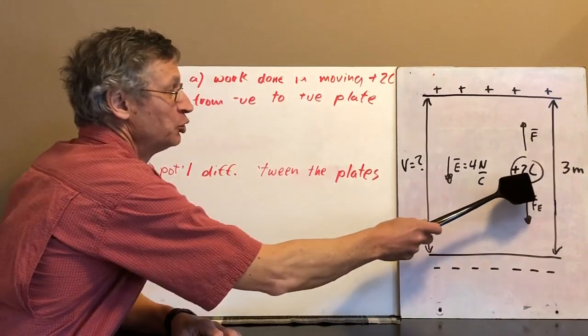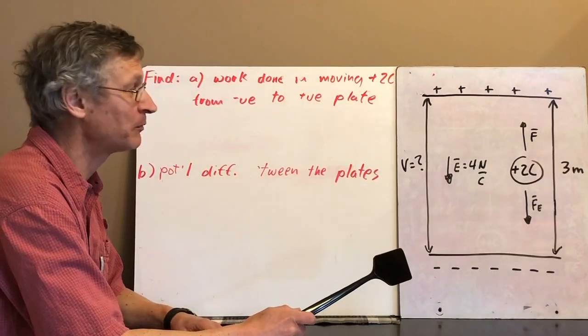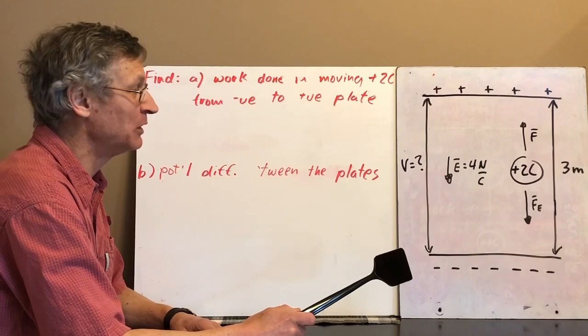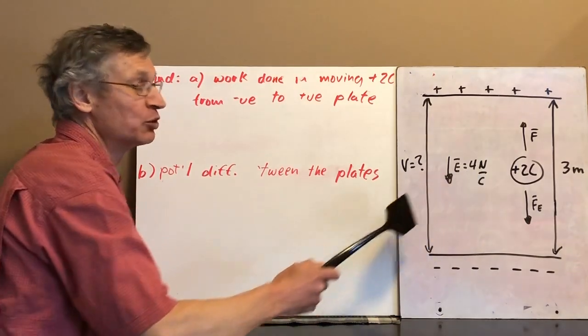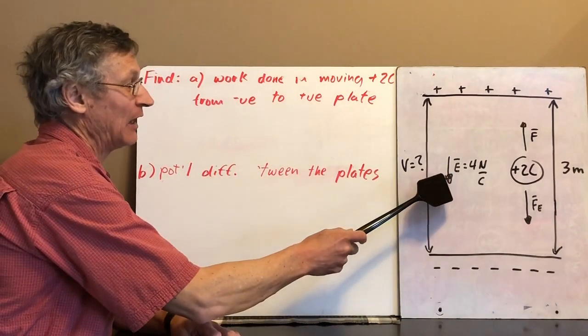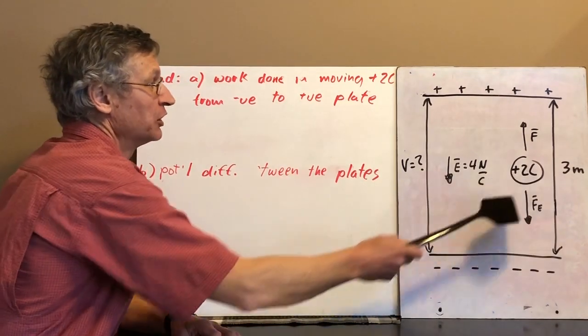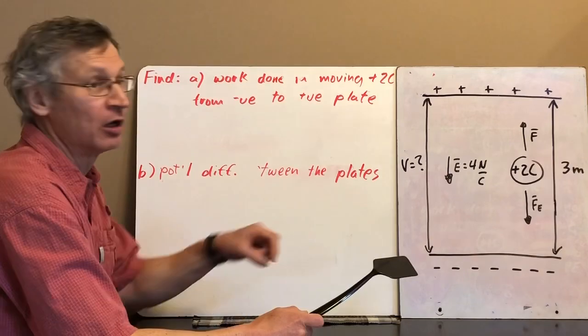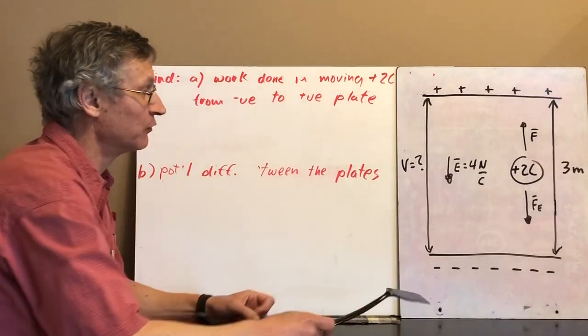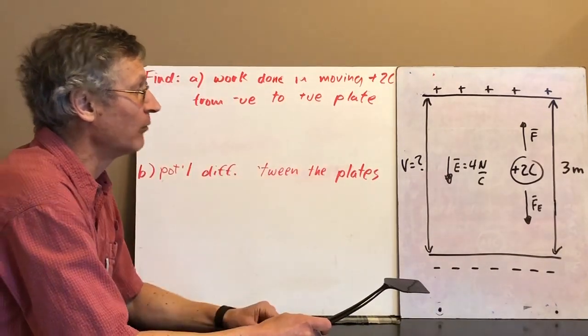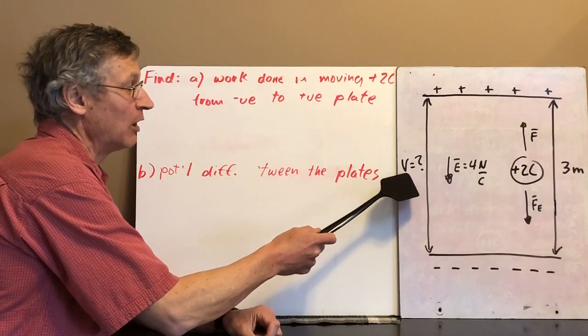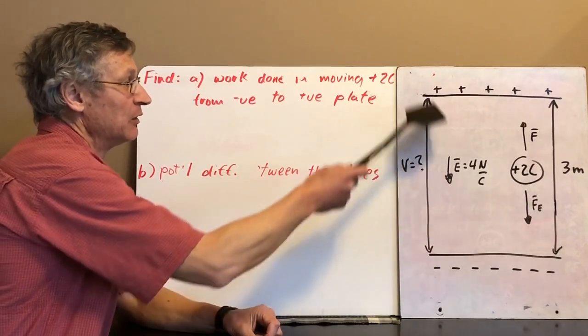There's a positive 2 coulomb charge sitting there in between them, and the electric field in between these plates is 4 newtons per coulomb, and you can see that it's down. Of course that makes sense because if you put a positive charge in here, these positives are going to push it down and these negatives are going to pull it down. And eventually we're going to figure out the potential difference between these 2 plates.